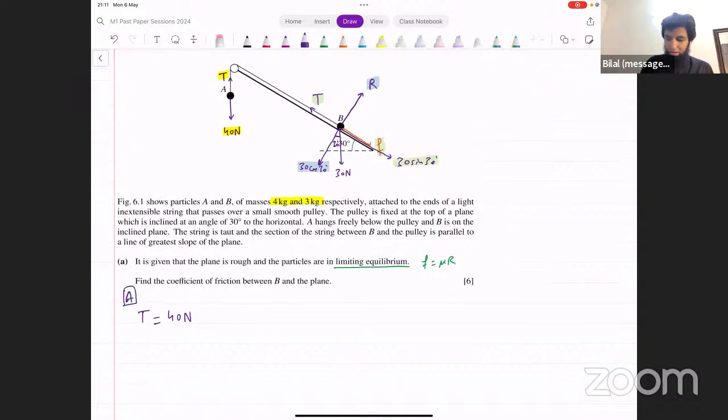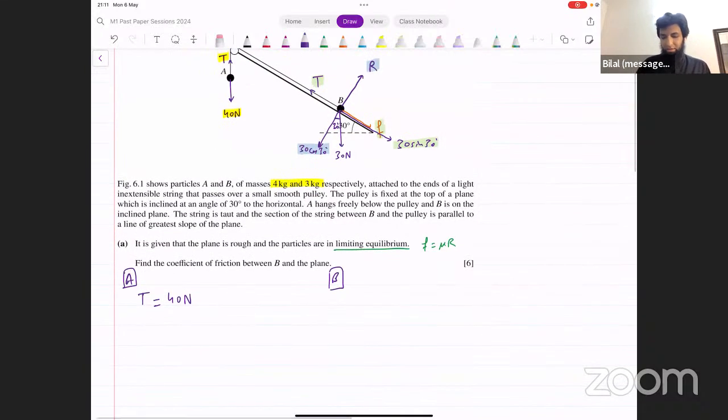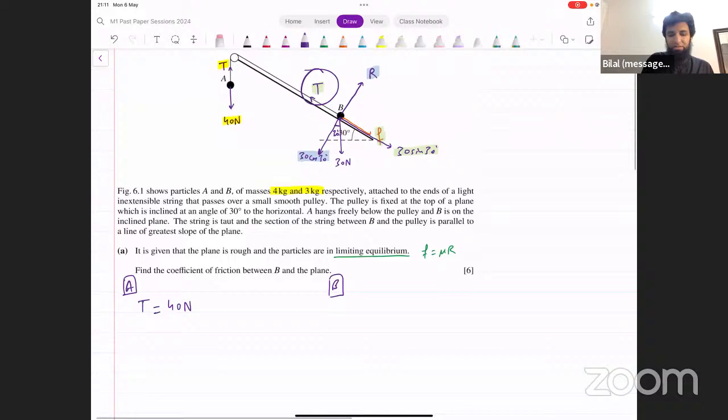What about B? For B, we can say the forces acting to the left side, that's T, should equal the forces acting to the right, that are F and 30 sin 30. And the upwards force, that's R, should be equal to the downward force, that's 30 cos 30.